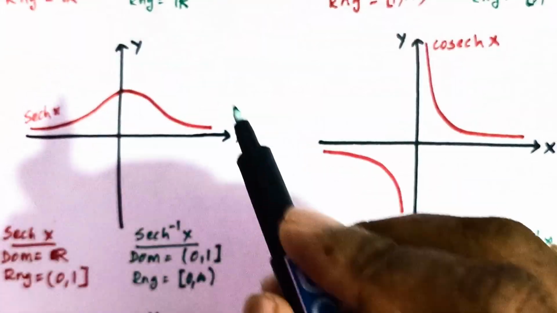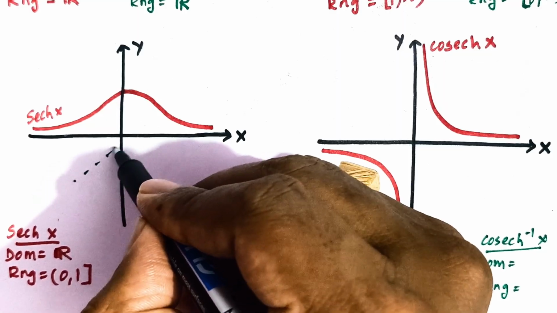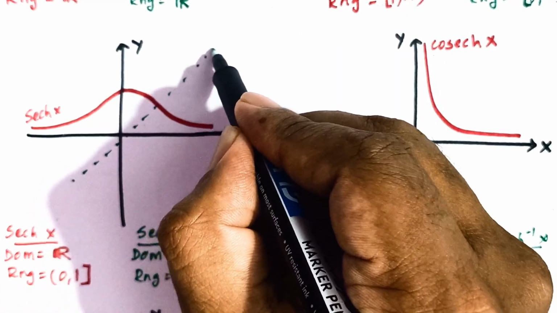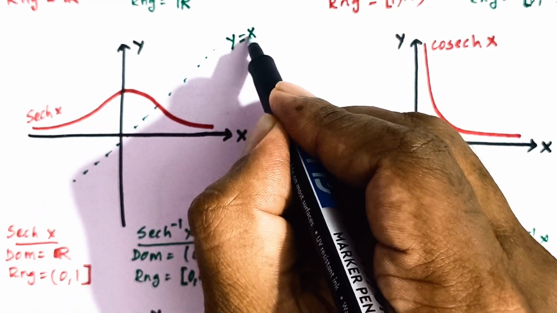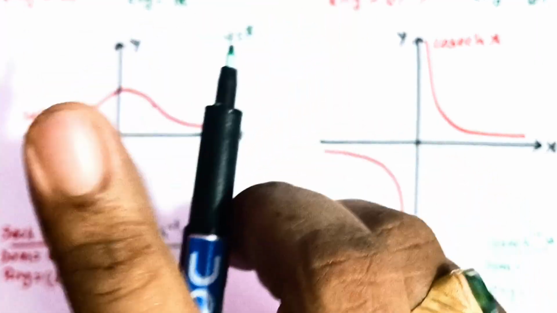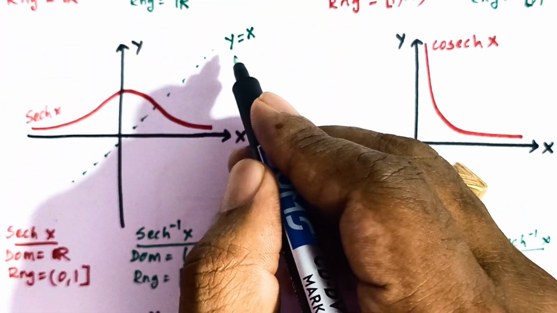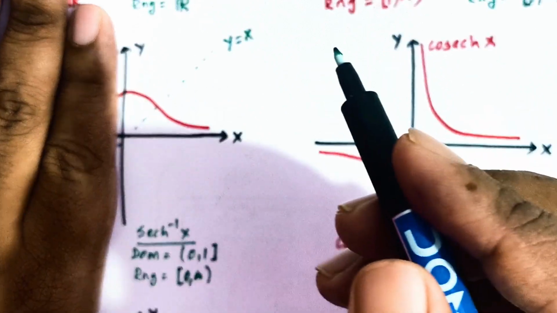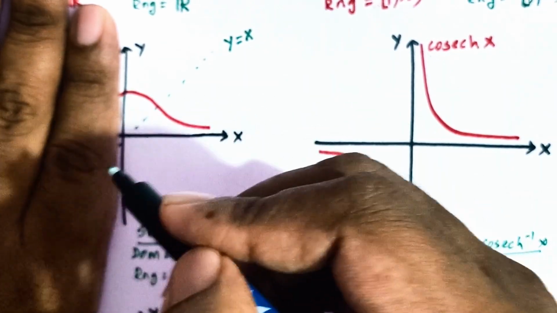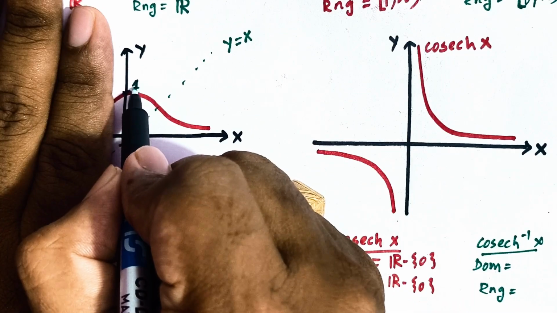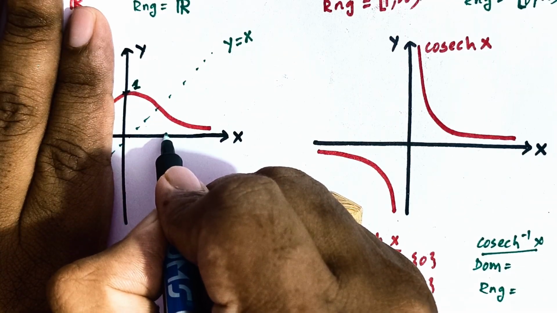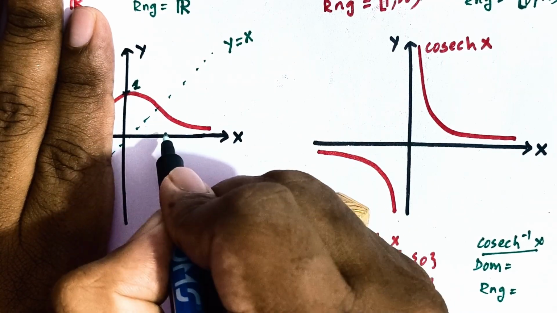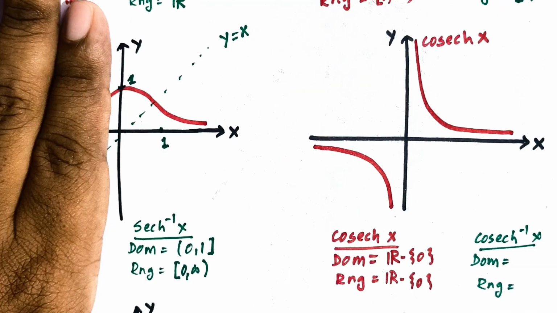Then for our graph we will take the y equals x line. The graph of the inverse function is the reflection of that graph, treating y equals x as a mirror. Remember this one. So we will reflect the restricted part only. Here is 1. When you reflect this, you will be here, which is 1 on the x-axis.